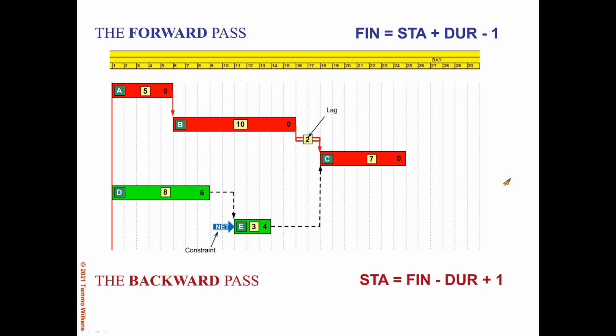Let us now take a look at some new angles that were not in my previous presentation, just to keep it simple. So I've added 2 elements now to the network that we had. One is that in between activities B and C, there is now a lag of 2 days. And a lag behaves just like a real activity.